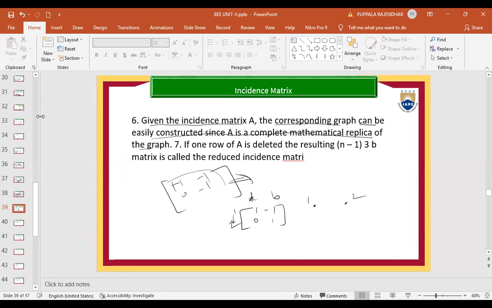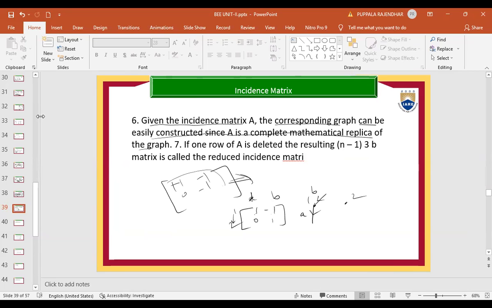Branch A is connected to node 1, and it is +1, which means away from the node, right? Yes, sir, away from the node. Now for the first node, B is also connected, but it's given as -1. It's towards the node.